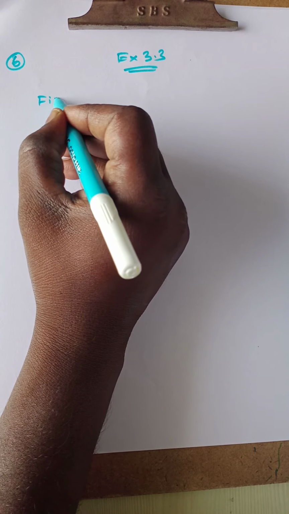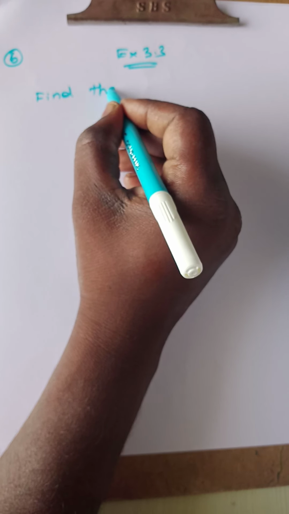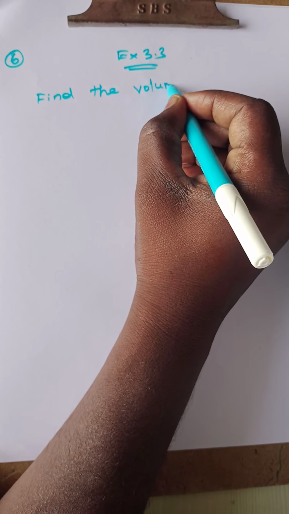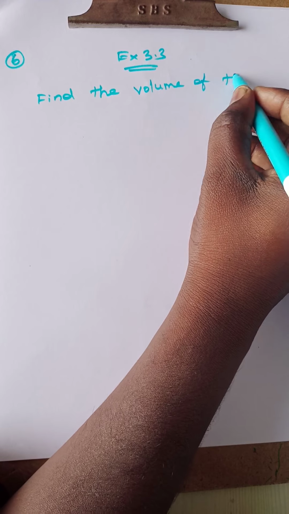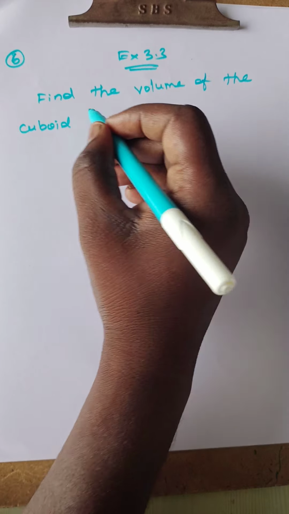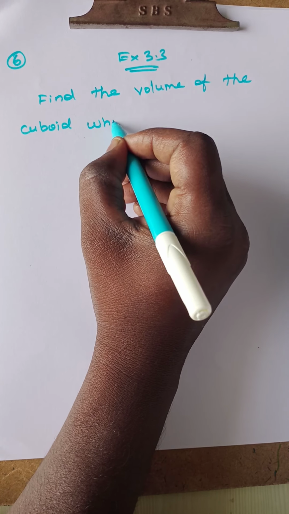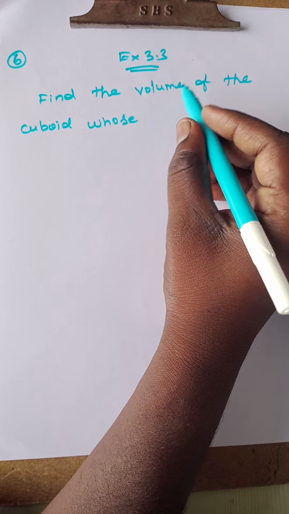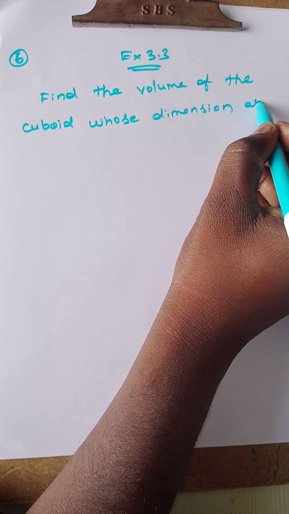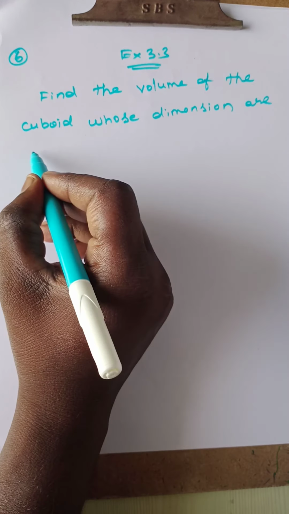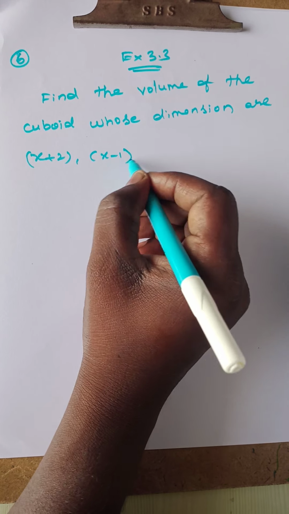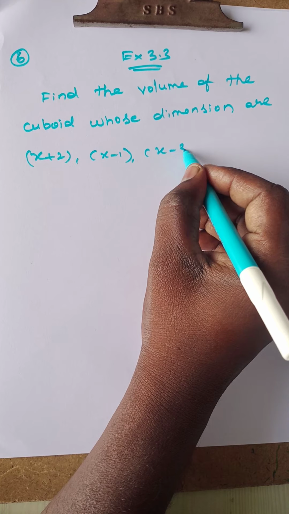Find the volume of the cuboid whose dimensions are (x plus 2), (x minus 1), (x minus 3).